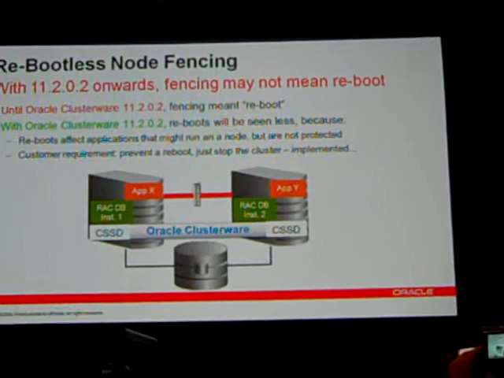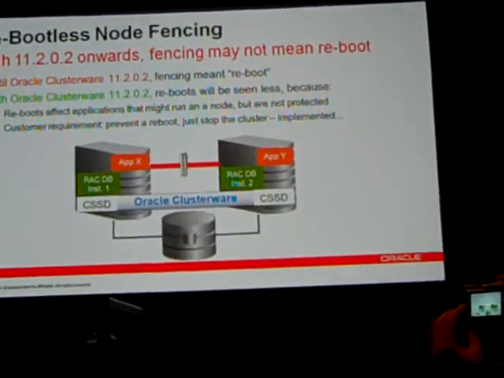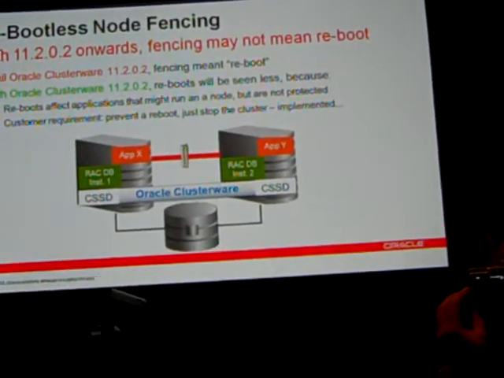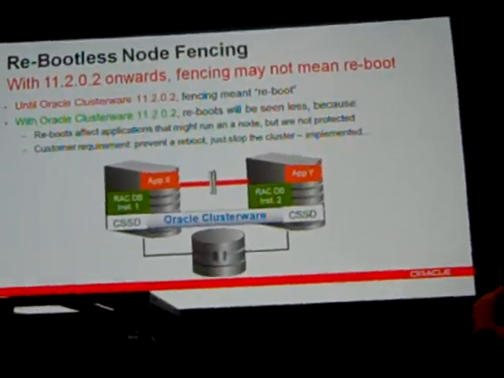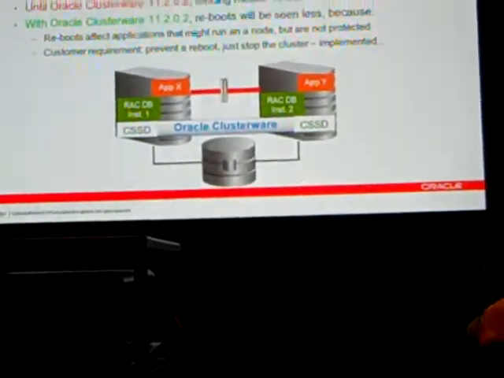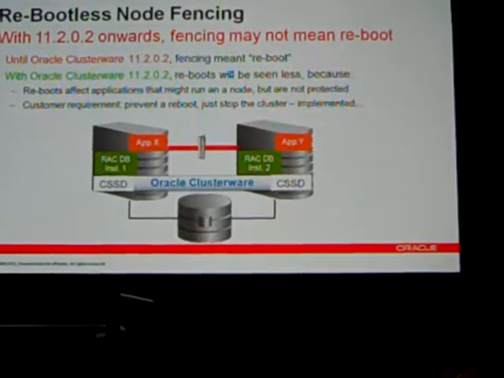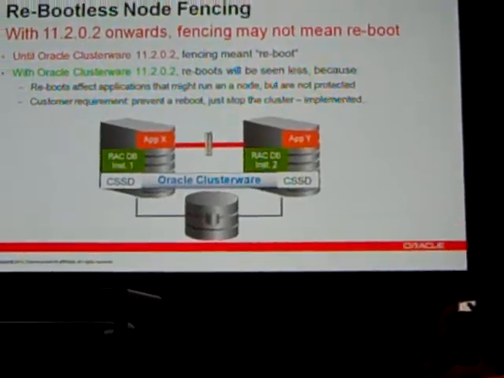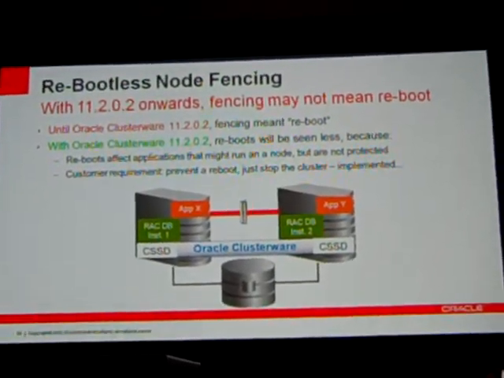You Google them. What we did with 11.2, however, was that we changed how we fence nodes. Before, in 10.2 and 11.1, if we fence a node, that always meant we reboot the node forcefully. With 11.2, we have introduced a feature that's called rebootless node fencing.